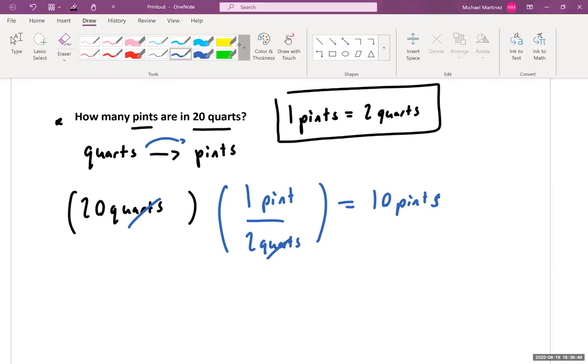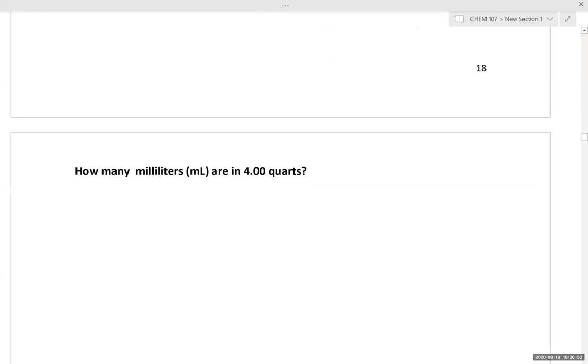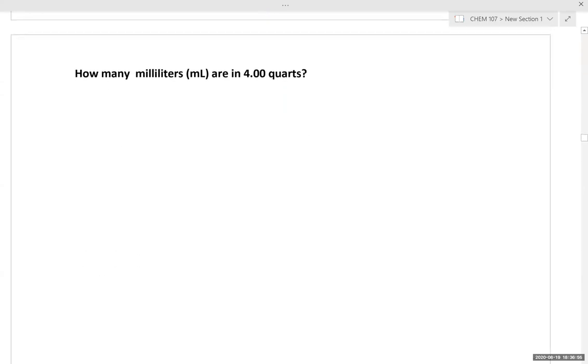So let's keep going now and let's do another example. This one's a little more complicated. This is a multi-step conversion where we're asked how many milliliters are in 4 quarts. Okay, so we're starting off with quarts and we're trying somehow to get to milliliters.